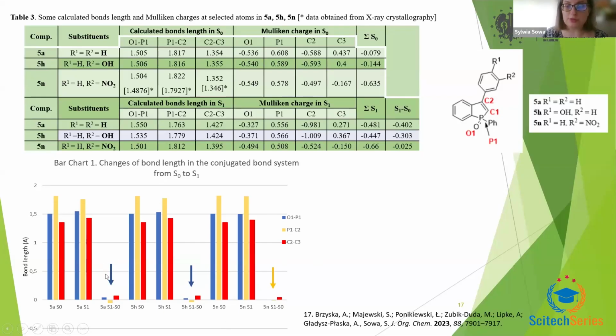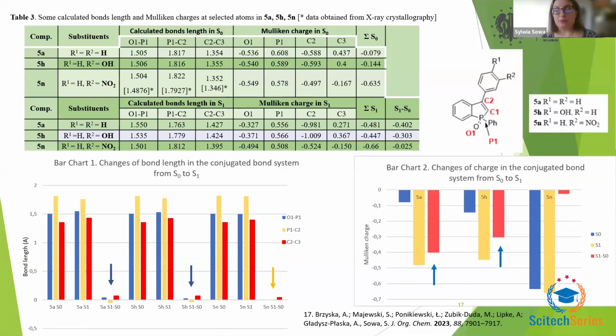When we speak about the charges in the conjugated bond system in ground and excited states, for 5A and 5H, the charge in the ground state is quite low, but when we go to the excited state S1, this amount of charge grows in the unsaturated bond system. So the two states differ in the amount of charge.